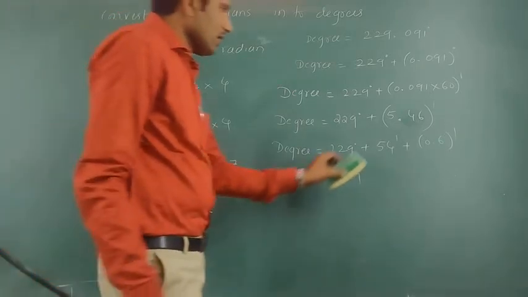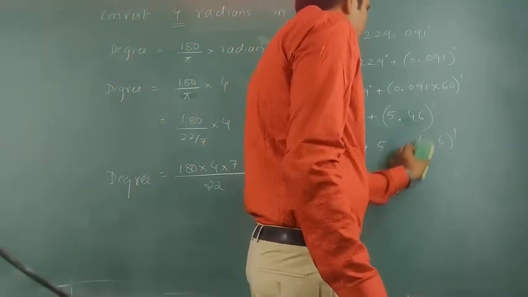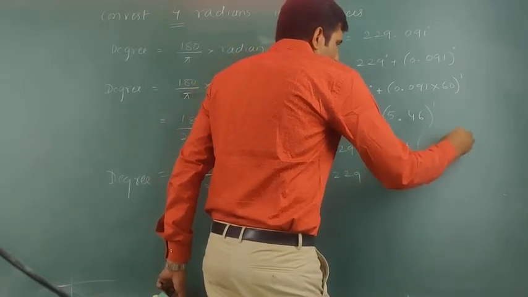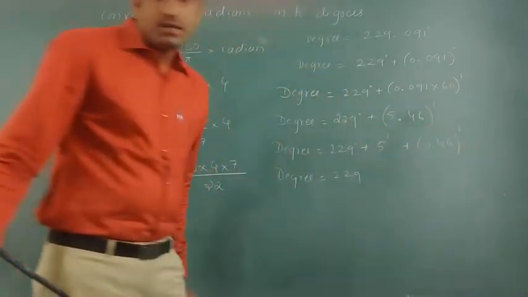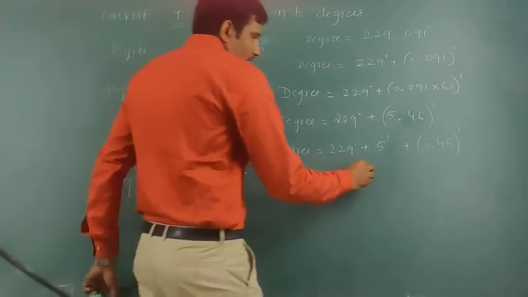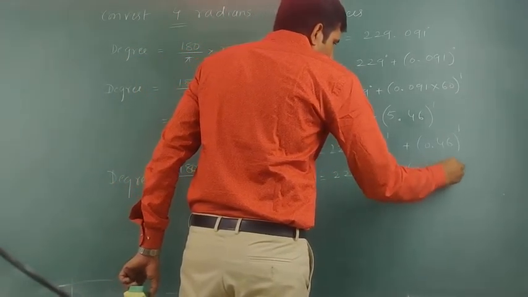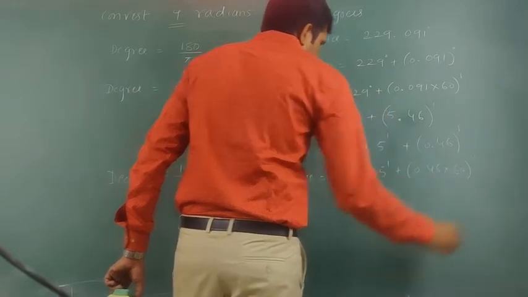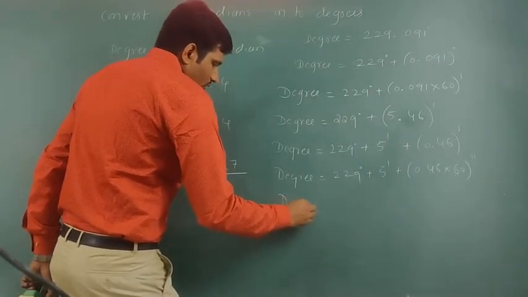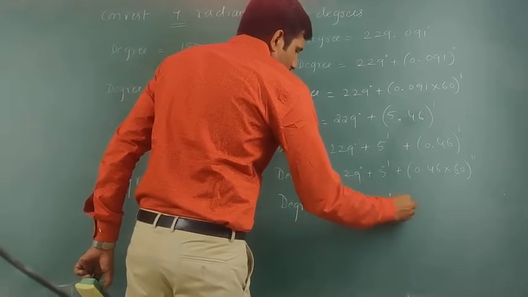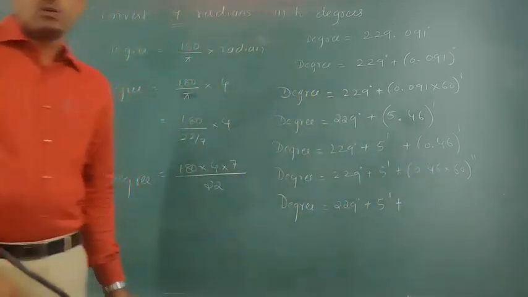Okay, then here we have to write 5 minutes plus 0.46 minutes. So now it is 229 degree plus 5 minutes plus 0.46 into 60 seconds. What is 0.46 into 60?